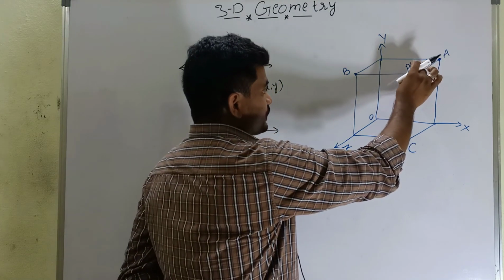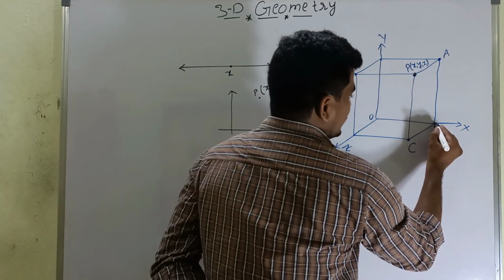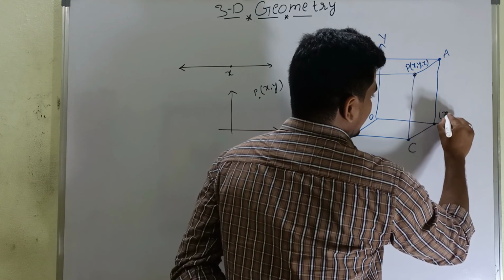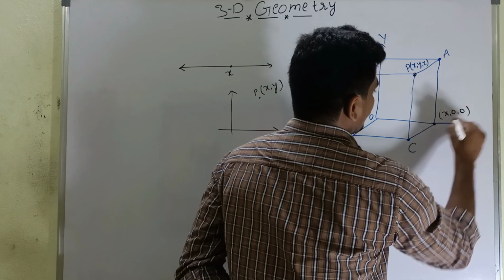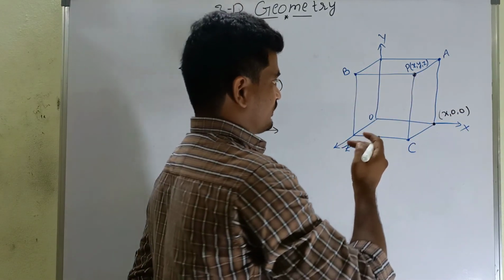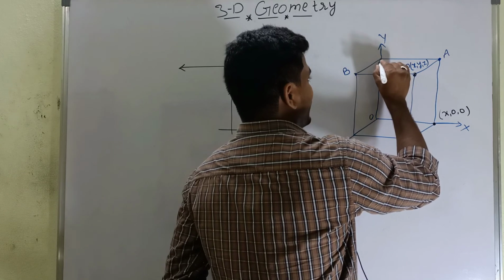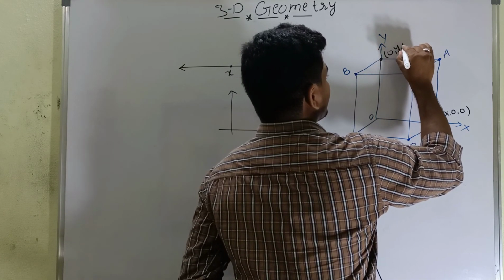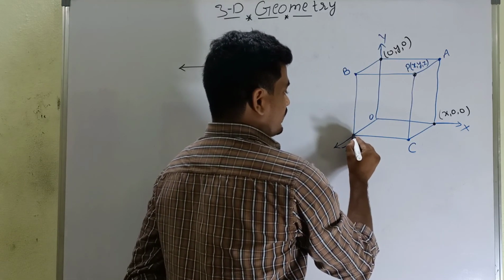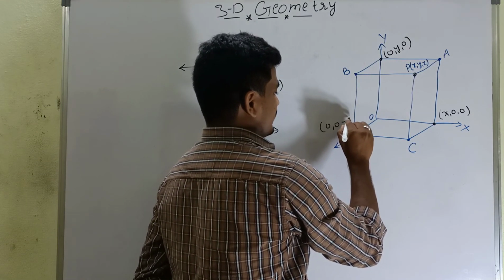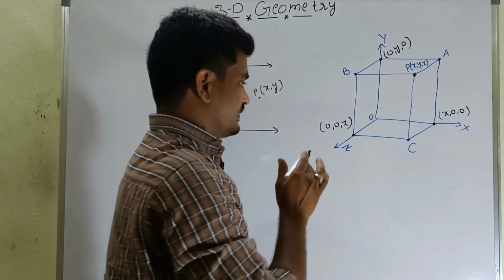With respect to this point, the point on the x-axis is x, 0, 0; the y and z coordinates are zeros. The point on the y-axis is 0, y, 0. And the point on the z-axis is 0, 0, z.